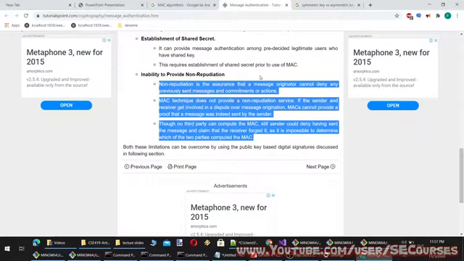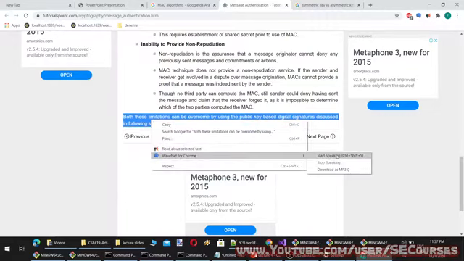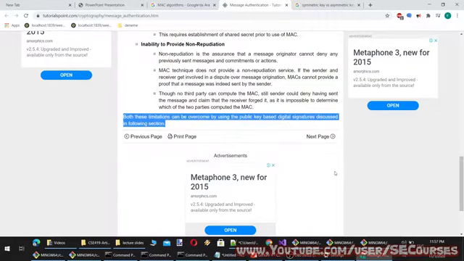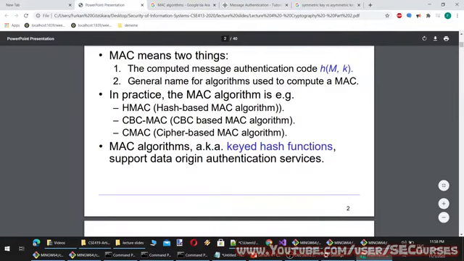However, there is no way to verify that the sender indeed sent that message, because they both have the secret key and they both use the same MAC algorithm, which is a public one in most cases. So this is a non-repudiation problem. Okay. Both these limitations can be overcome by using the public key-based digital signatures discussed in the following section. Okay, we will see more about that in future.